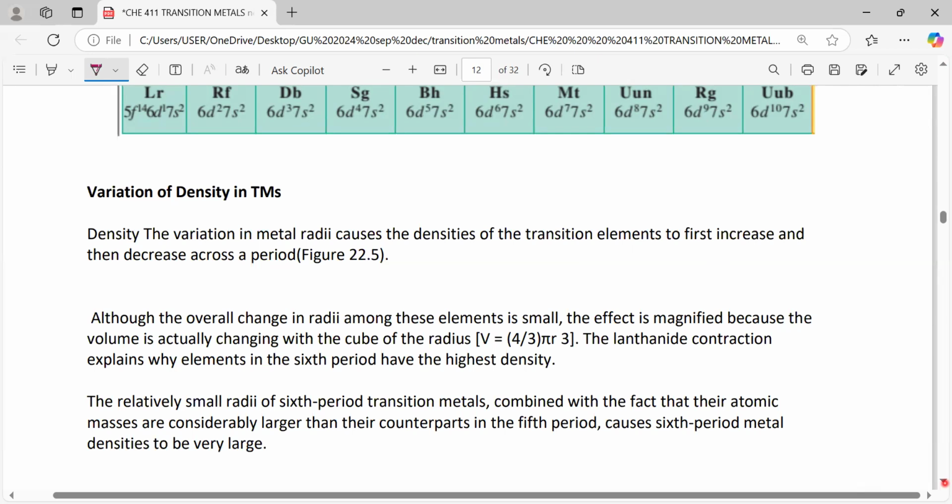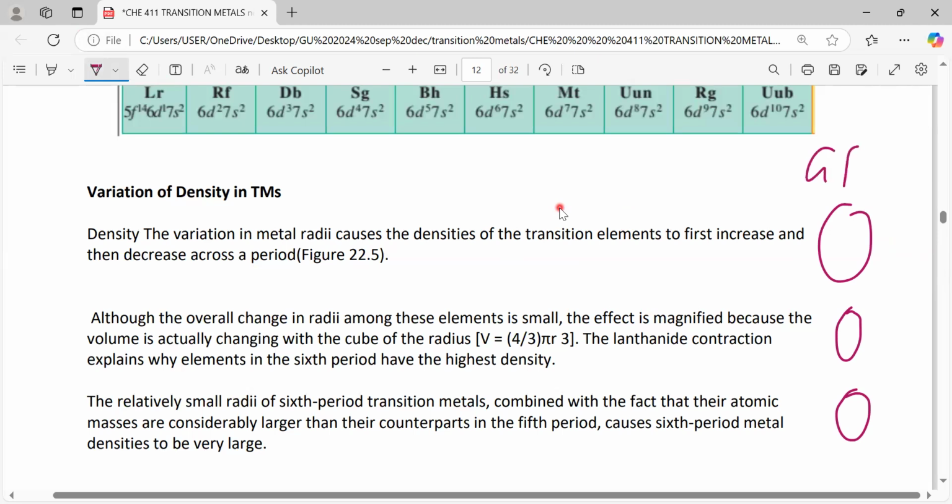The lanthanide contraction explains why elements in the 6th period have the highest density, because they are much smaller actually. They get smaller. So what are we experiencing? We are seeing radius, instead of radius increasing, we are seeing the shrink down the group.